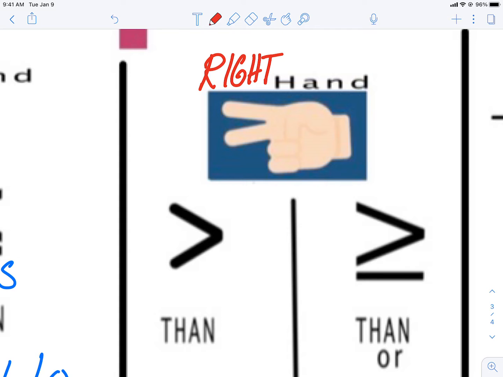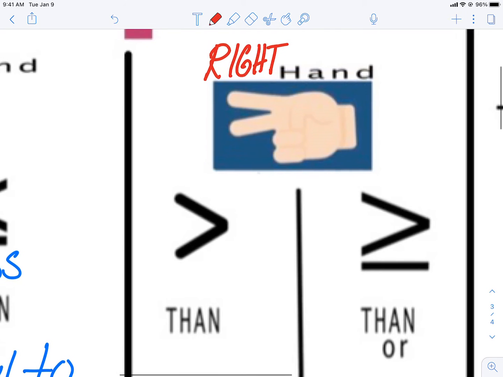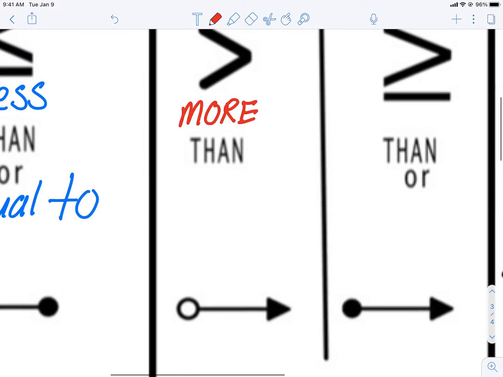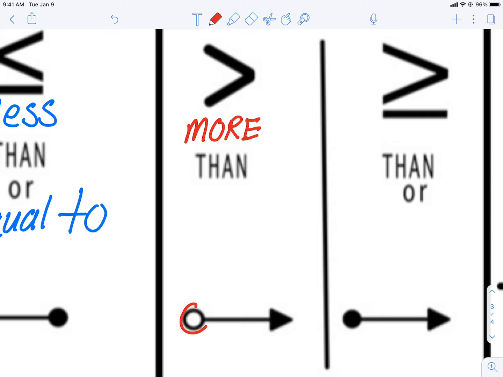This one is called the more than sign. So the more than sign is open circle and you graph to the right. Open circle, graph to the right. The opposite of the left, right?